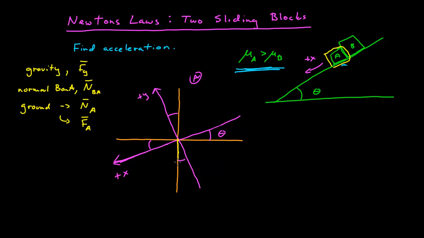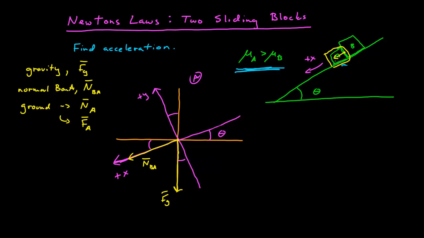All right, so let's get the forces going here. I have the force due to gravity, that's straight down. The normal force of B on A is perpendicular to the surfaces between the objects and from the agent to the object, so it is along the positive x direction.